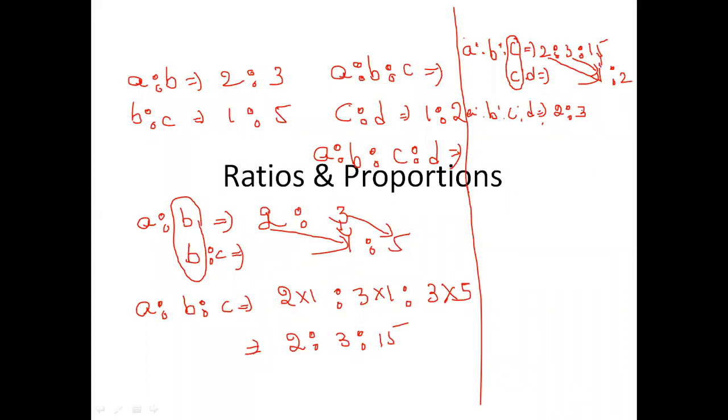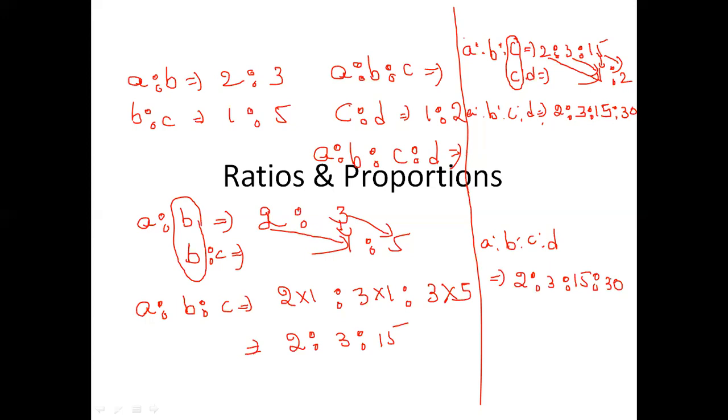That means 15 into 1 will give you the value of C. The value of C is equal to 15. 2 is not having any opposite number, so just multiply it with 15 to get the D value, which is equal to 30. What is the ratio of ABCD they're asking in the question? The ratio of ABCD is 2 is to 3 is to 15 is to 30. Is further simplification possible? Not possible. That is the final ratio.